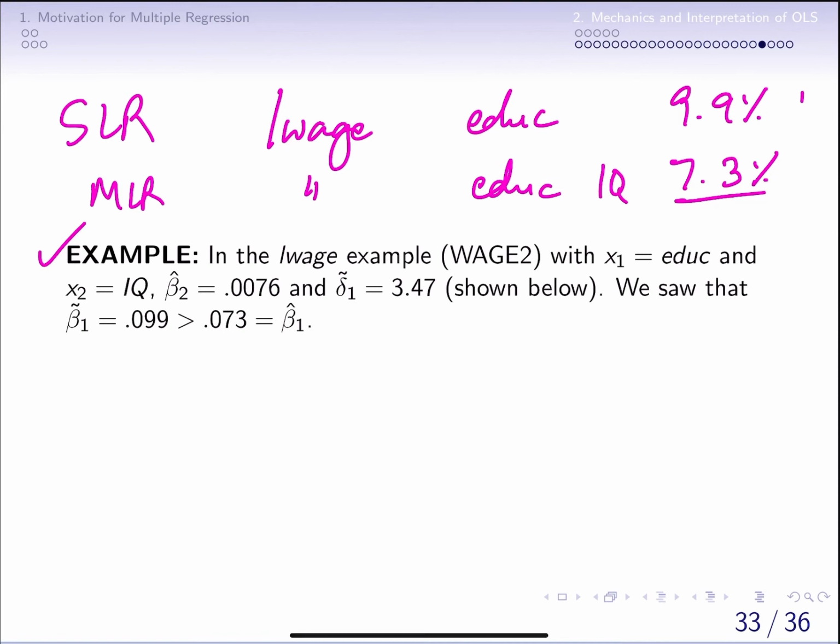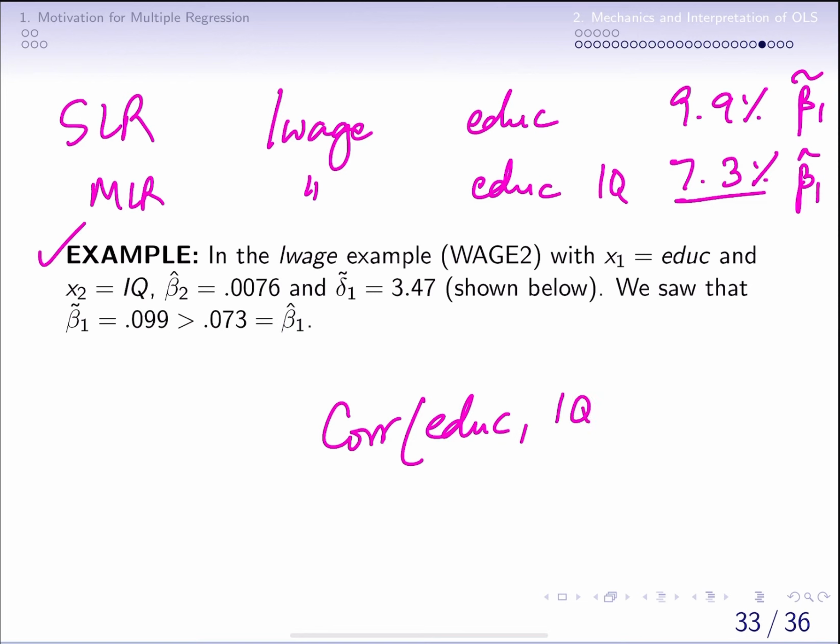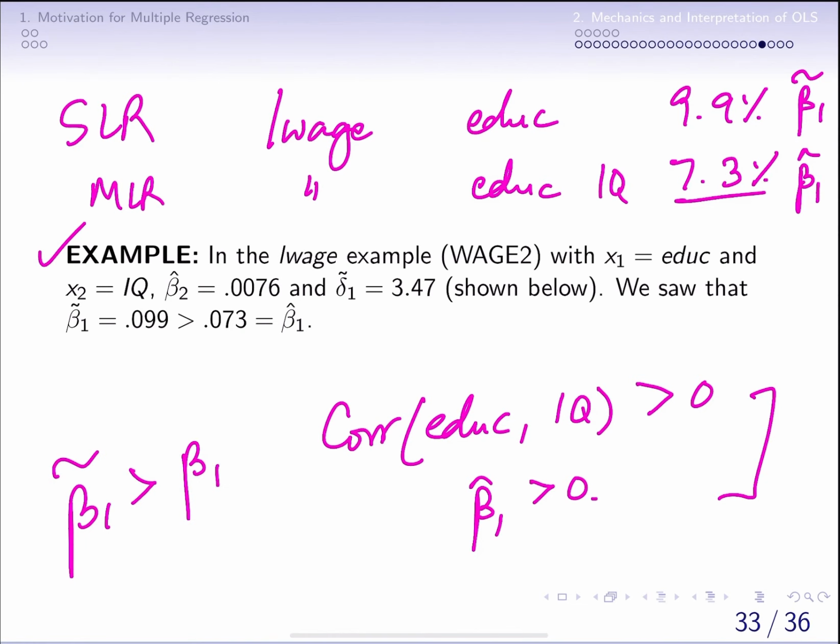So again, this was our beta 1 tilde and this was our beta 1 hat. This happened because the correlation between education and IQ was positive, okay? And also beta 2 hat was positive, okay? So because these two were positive, the bias is positive, and therefore you have beta 1 tilde greater than beta 1 hat.